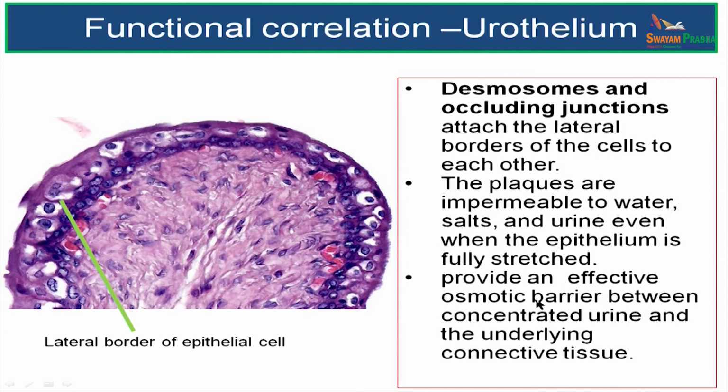Because of this, it provides an effective osmotic barrier between the concentrated urine inside the bladder and the underlying connective tissue. So, the epithelium which we have studied in detail, we call it transitional epithelium or urothelium, is waterproof. It is impermeable to the contents present within the urinary bladder.